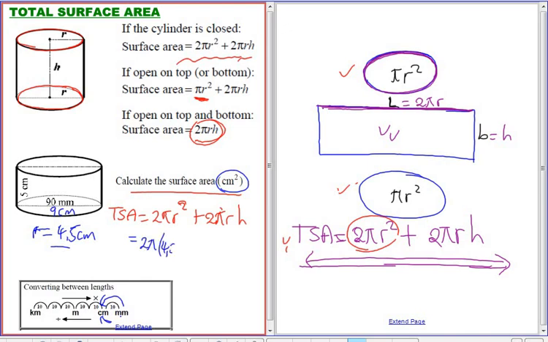Let's put 4.5 here. And then 2 pi. Our r is still 4.5. And the height, I hope it is in centimeters. Yes, that would be 5 over there. Well, if you use your calculator wisely to actually calculate this, let's see, go ahead and get it.